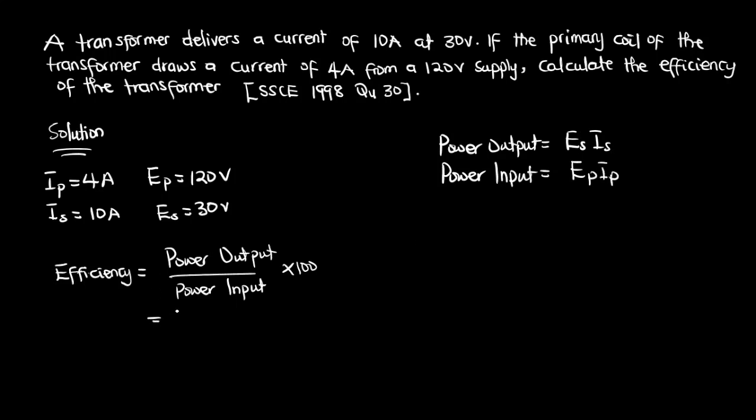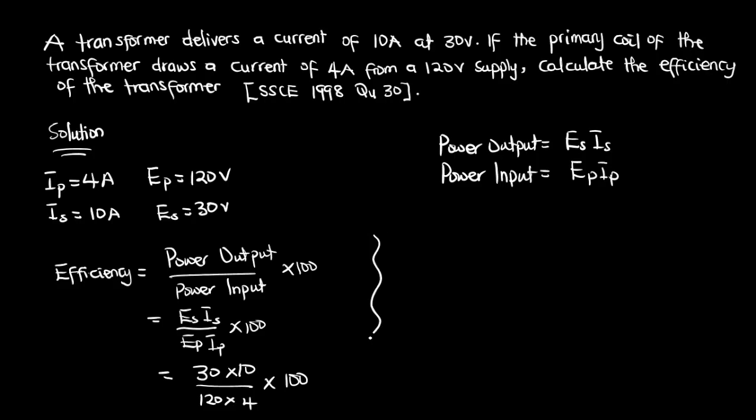So this is basically ES IS over EP IP multiplied by 100, right? So this is equal to our ES, which is 30, multiplied by our IS, which is 10, divided by our EP, which is 120, multiplied by our IP, which is 4, then all multiplied by 100.